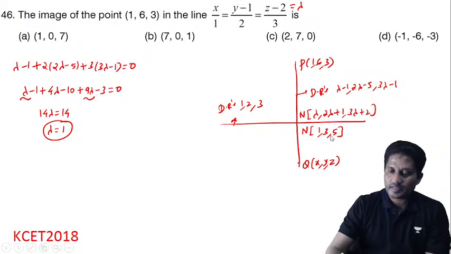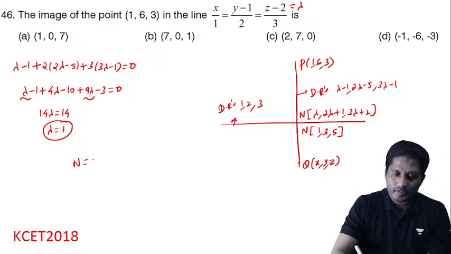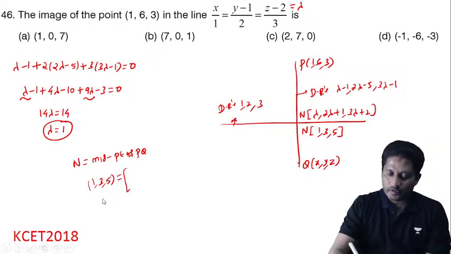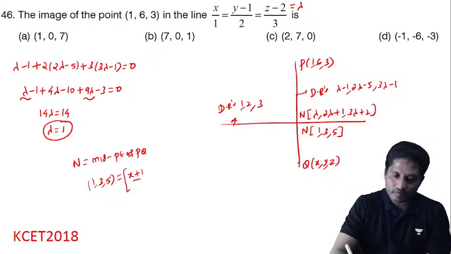The foot of the perpendicular is equal to the midpoint of PQ, right? The midpoint of PQ is x plus 1 divided by 2, y plus 6 divided by 2, z plus 3 divided by 2.